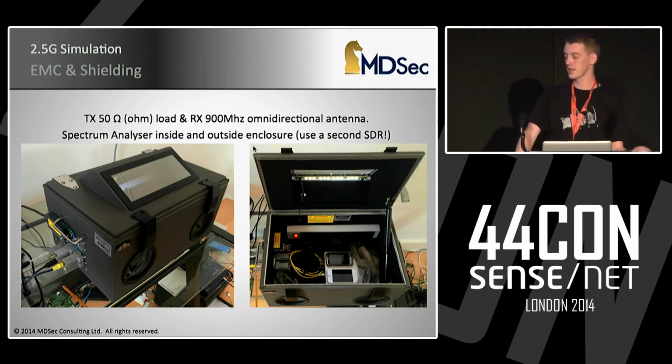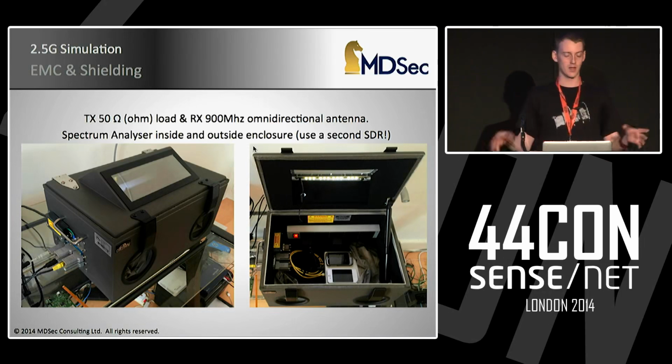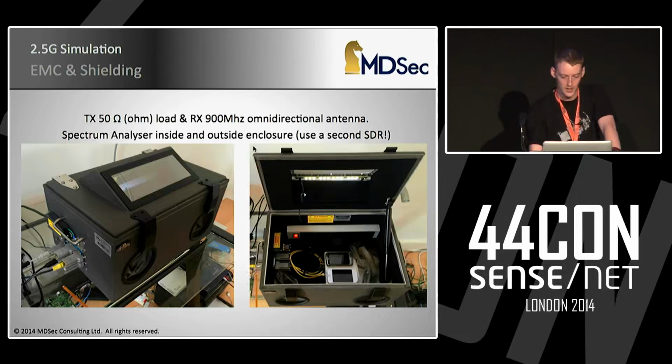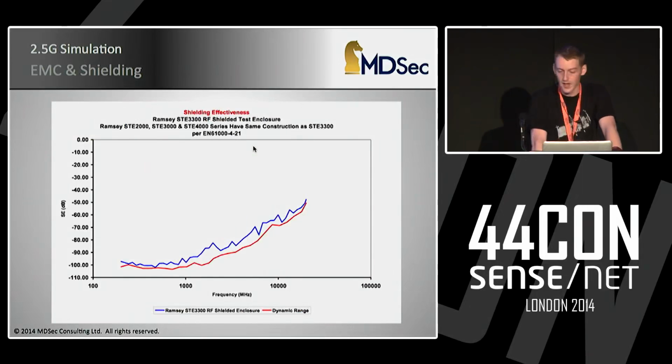Another good bit of advice when you're doing this is to put a spectrum analyzer outside of the environment and also one inside of it. So you can see if there's any signal leakage from the surrounding environment, and then you can shut your experiments down should anything appear to leak. This is a graph, made with some help from radio engineer friends, that shows you the frequency attenuation.